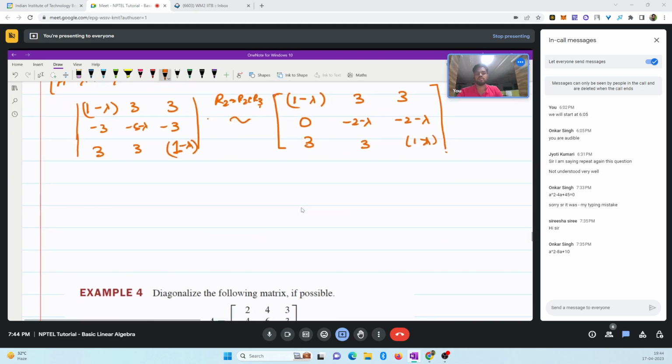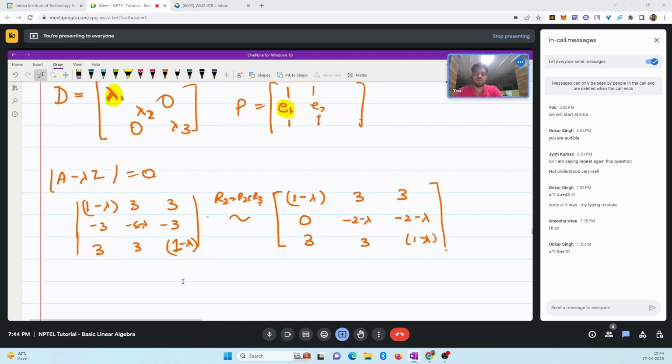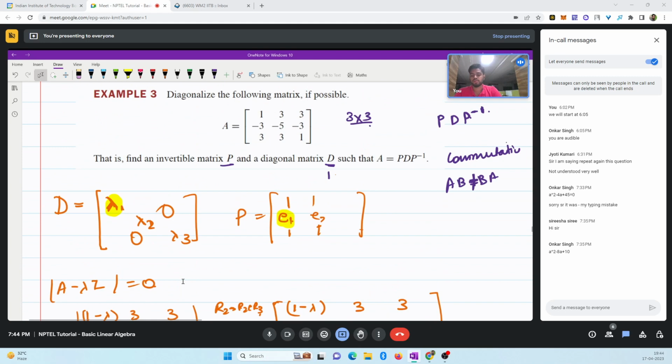Okay, now we should just break this thing. You can tell me what the eigenvalues are. I will use a shortcut.